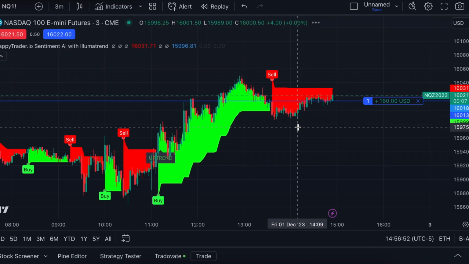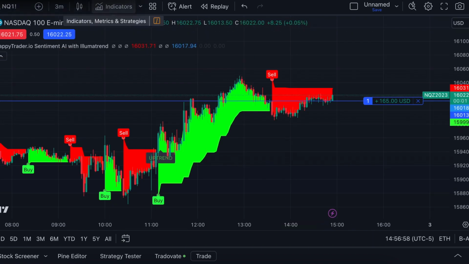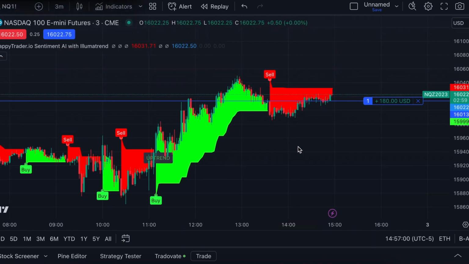Head back to that 3. Okay. See if we've had enough consolidation to perhaps get a buy trend reversal on the 3-minute.